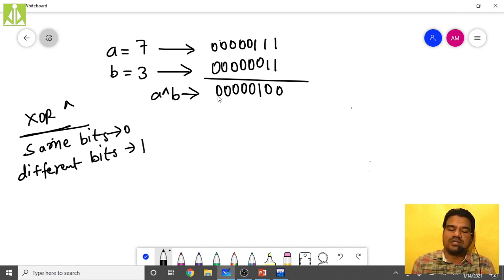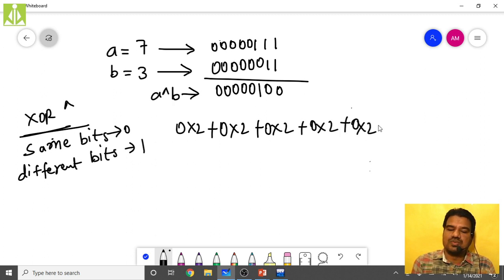To convert this into decimal, write down 0 multiplied by 2 plus 0 multiplied by 2 plus 0 multiplied by 2 plus 0 multiplied by 2 plus 0 multiplied by 2 plus 1 multiplied by 2 plus 0 multiplied by 2 plus 0 multiplied by 2.